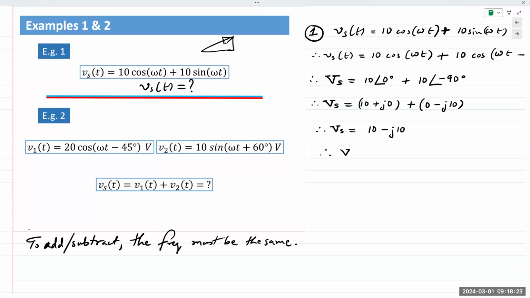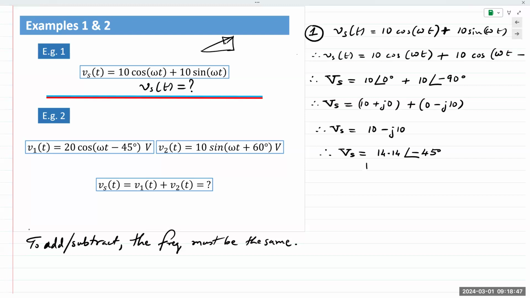Convert this to polar coordinates because we want to perform an inverse phasor transform, meaning our final answer should be as a function of time. So from rectangular coordinates, I'll go back to polar: 14.14, with a phase angle of minus 45.